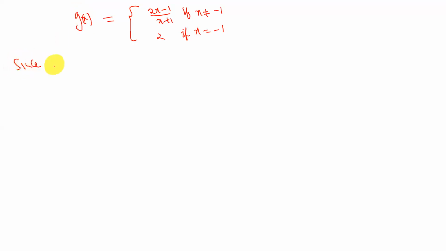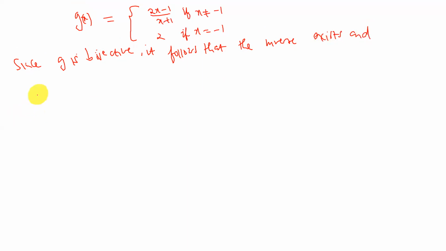Since g is bijective, it follows that the inverse exists. And with this notation, if you take g of g inverse, then the result is going to be what?